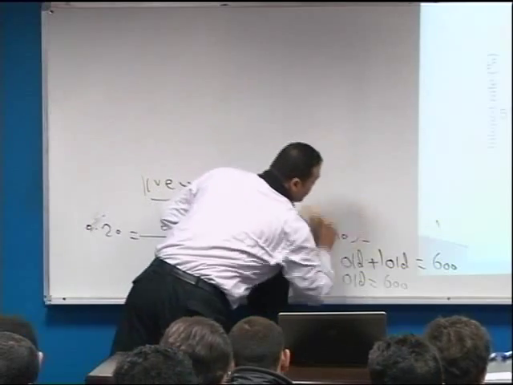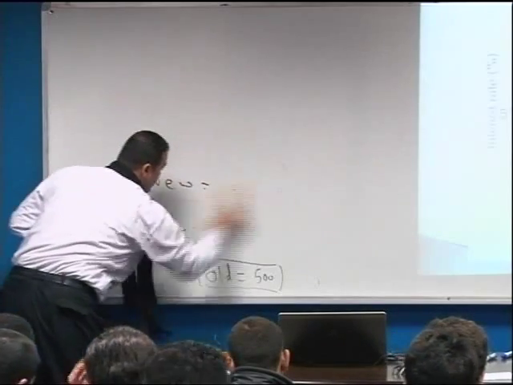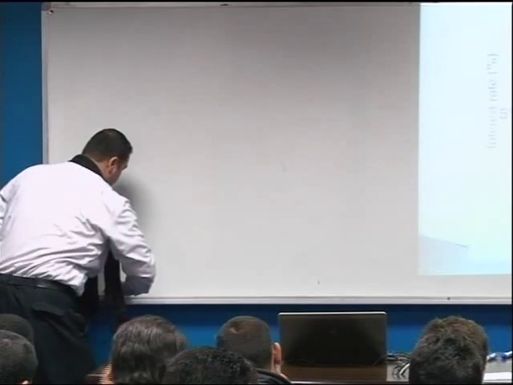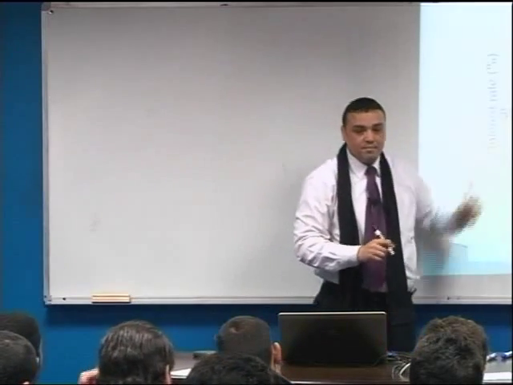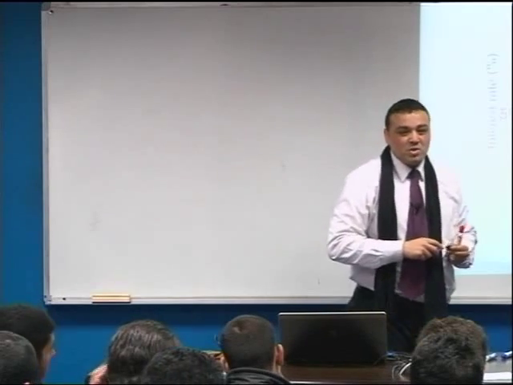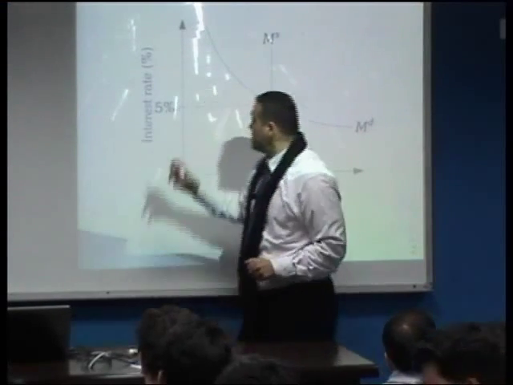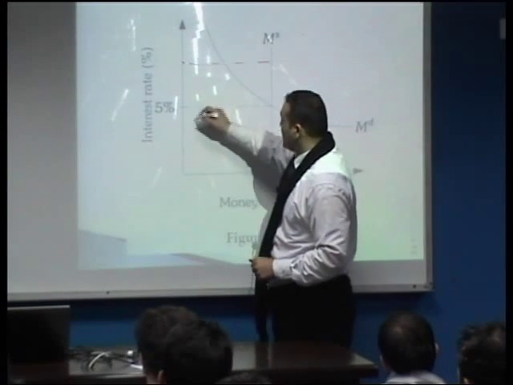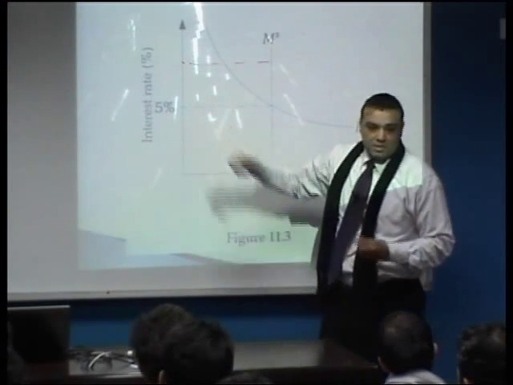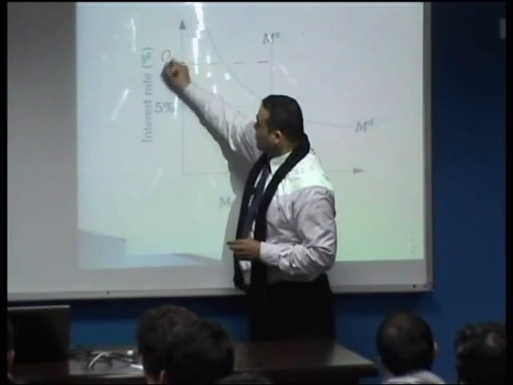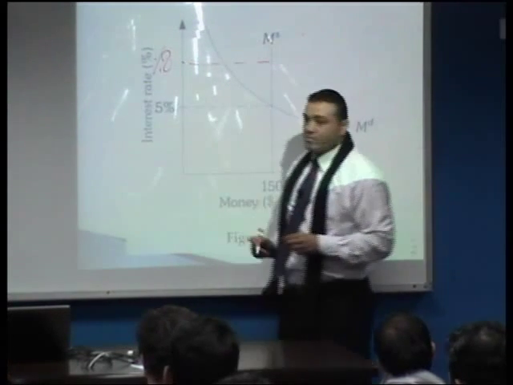As you see, we have an equilibrium in the money market, where the equilibrium interest rate is 5%. Suppose the interest rate was 8%.